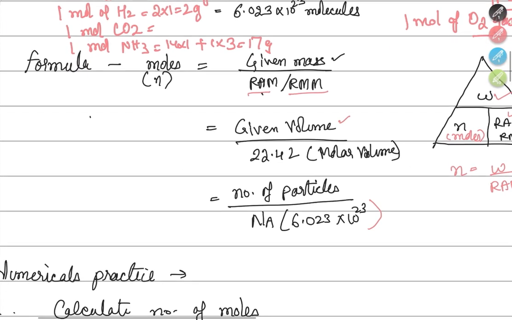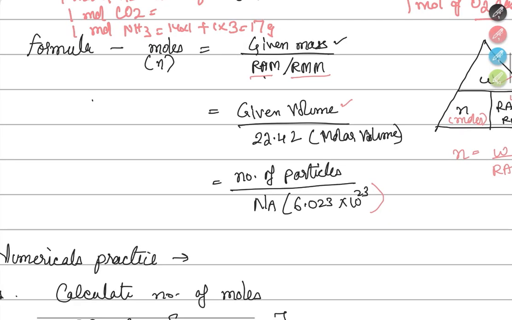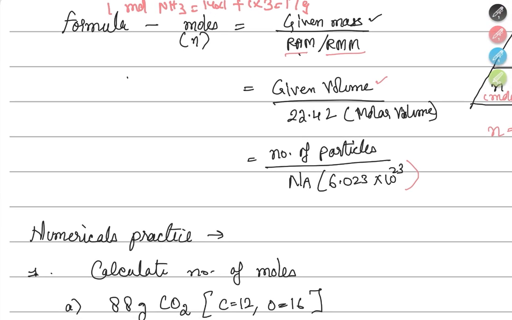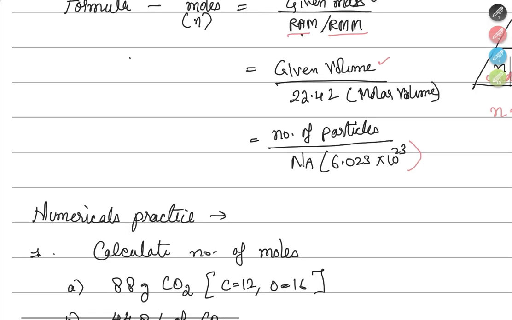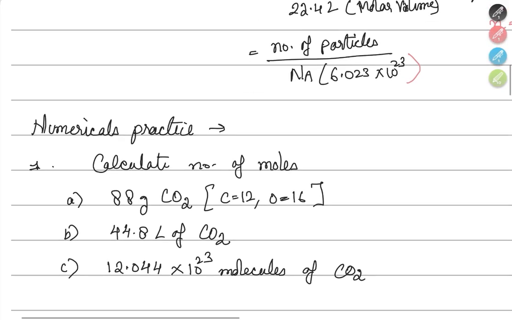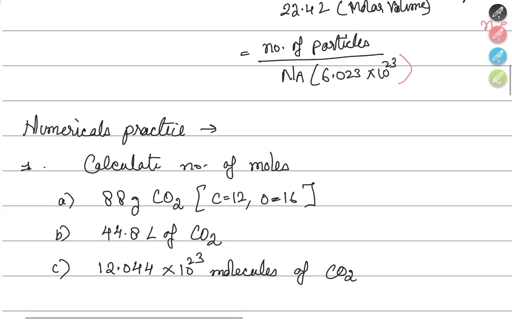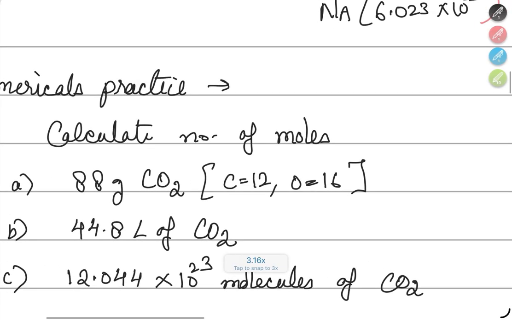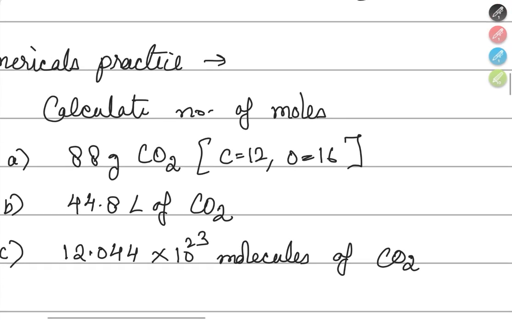Now let's practice a question on this so that it will give you more clarity on how we apply this formula and understanding of mole to calculate the mole, mass or number, whatever is given in the numericals. So let's solve this. The first basic question says, calculate the number of moles in 88 gram of carbon dioxide.